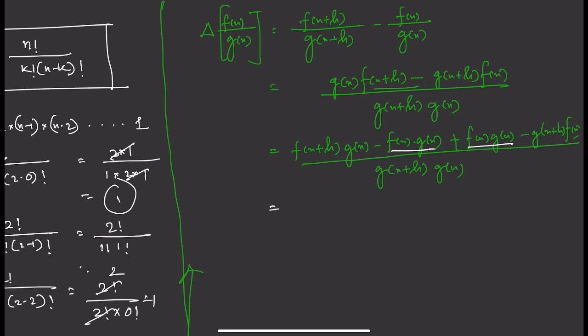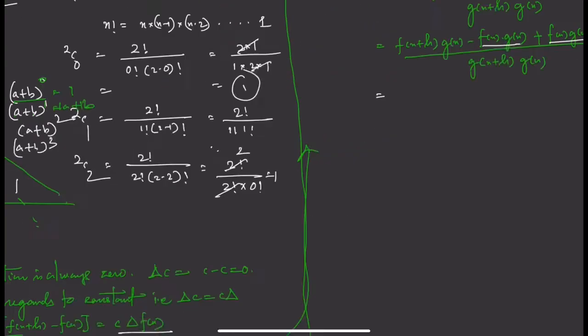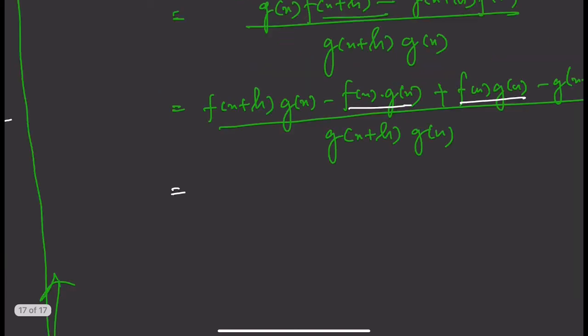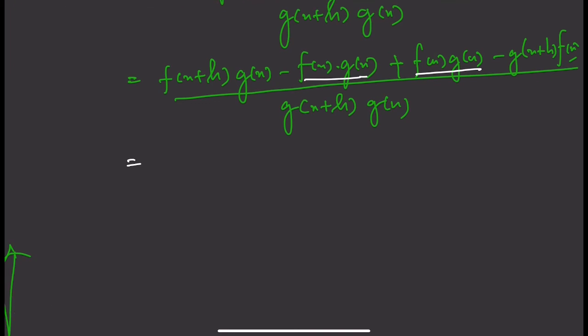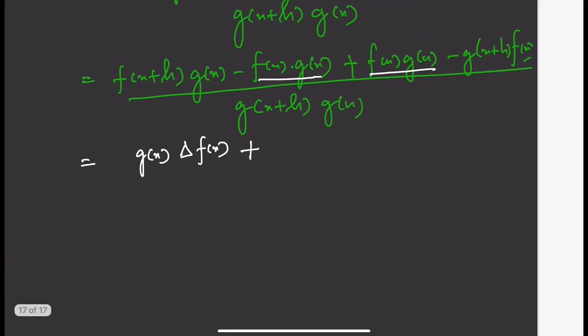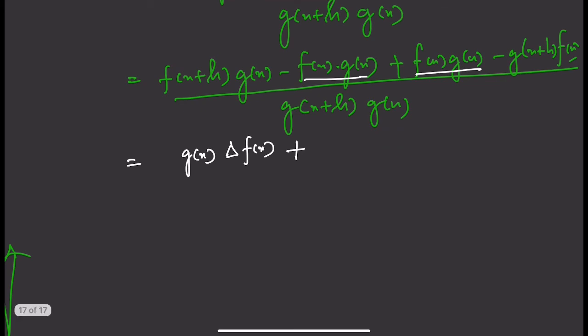Now this is going to be what? g of x is common, so f of x plus h minus f of x is nothing but Δ of f of x. Plus here, f of x is common, so you take minus f of x common.